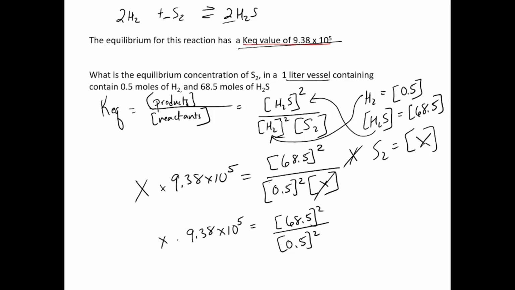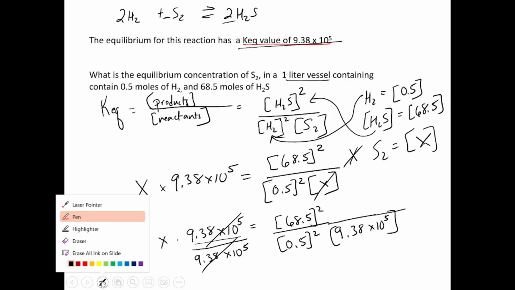Now, I want to get X all by itself on one side of the equation. To do that, I need to divide this side of the equation by 9.38 times 10 to the 5th so that I can cancel out this number. But if I divide one side of my equation by that, I have to put it on the other side of my equation. I'm just using the brackets here so that you can see that it's just a separate part of this equation. 9.38 times 10 to the 5th divided by 9.38 times 10 to the 5th equals 1.